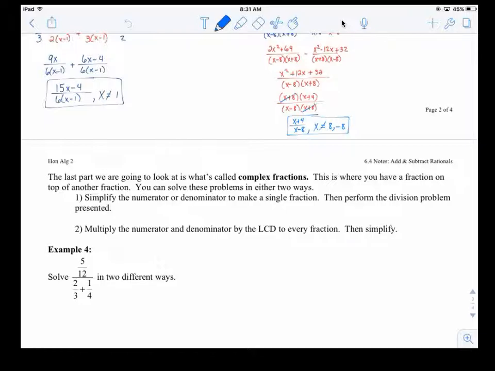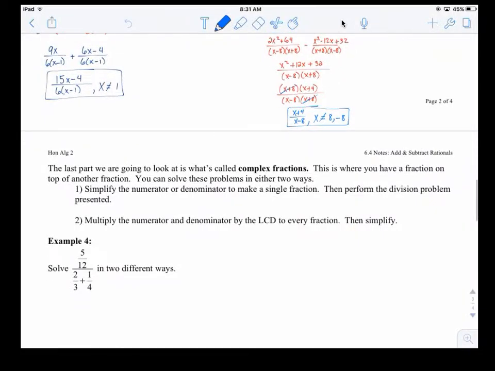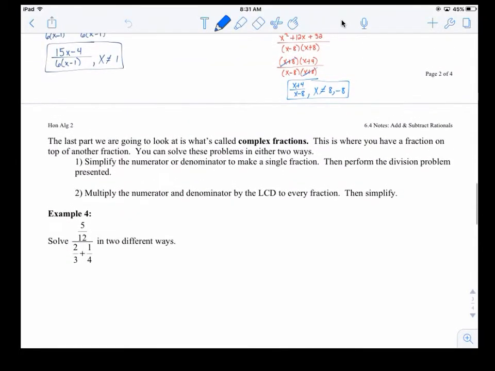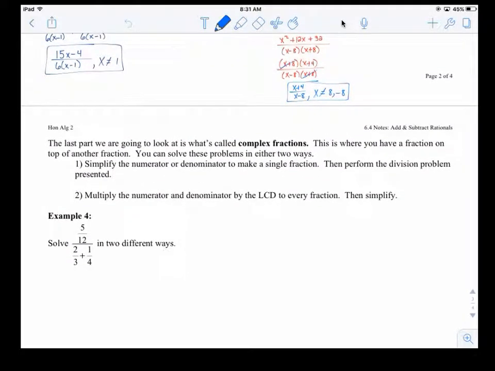Alright, so guys, the last thing we have to do for 6.4 is complex fractions. I already made you guys do a couple of these last section, so they shouldn't be that unfamiliar to you. A complex fraction is when you have a fraction built inside of another fraction.